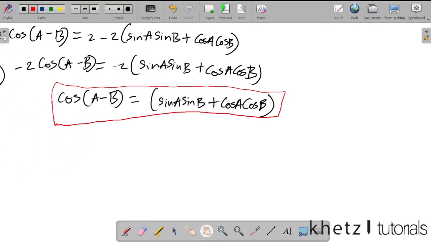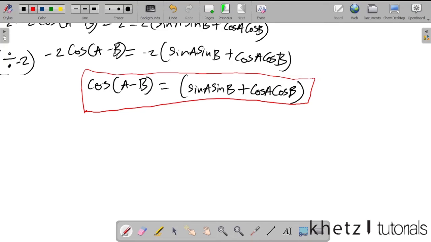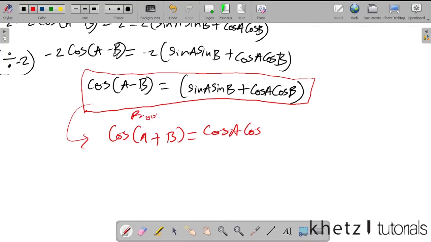So the second proof: we're going to use this to prove that cosine of A plus B is equal to cosine A cosine B subtract sine A sine B. This is how we're going to do that.